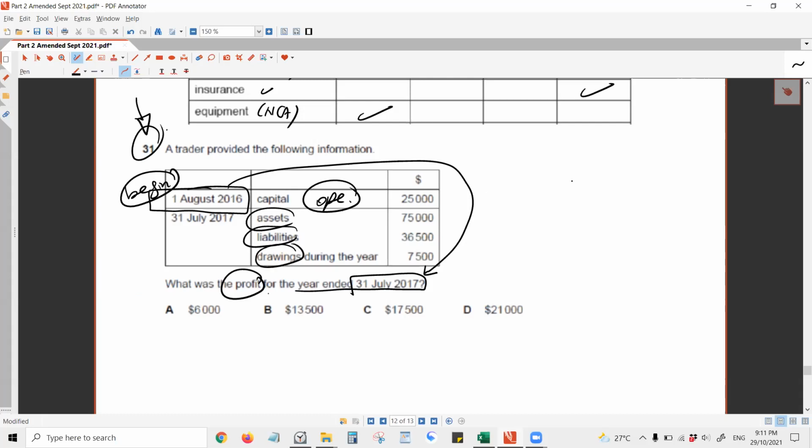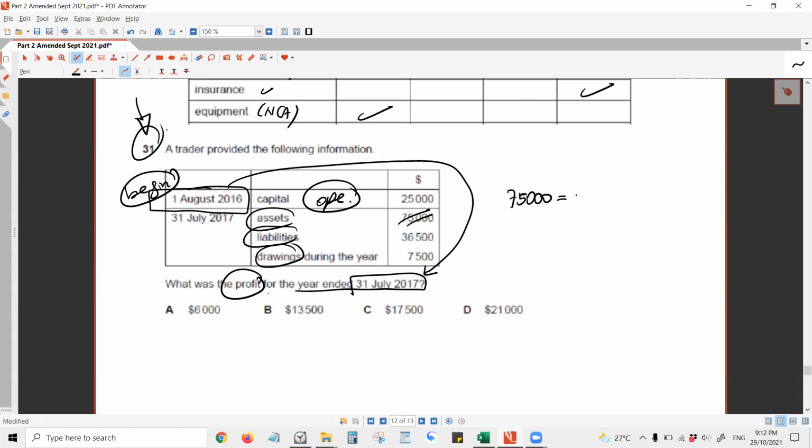Are these the items that appear in the lengthy equation? Yes, right. So again, come up with the equation, put these numbers in, find the missing figure. Begin with assets. Do you need to break down the assets? Don't have to. They give you the total figure, 75,000.